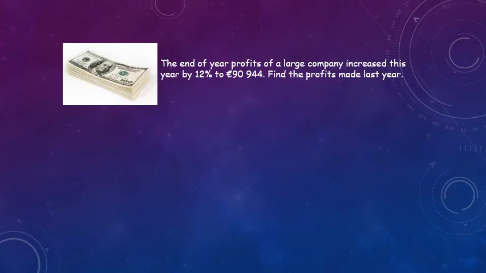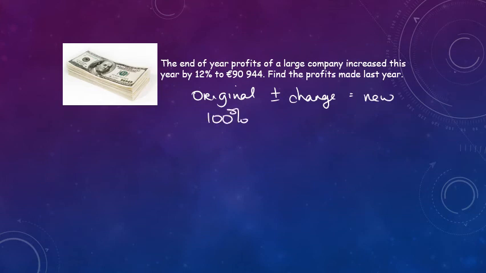So the original plus or minus some change gives the new. So your original is always 100%. You want to think of your original as 100%. In this case, it increased, so you're going to add on 12%, and that gives a new percentage of 112%.